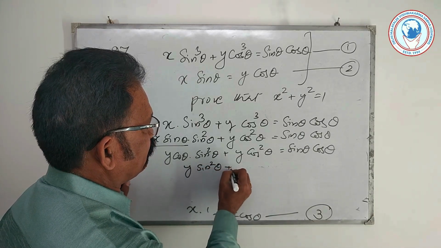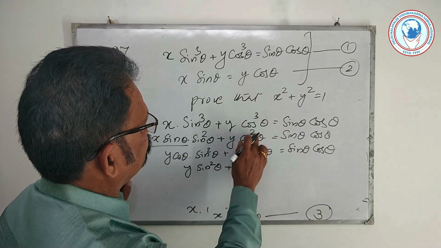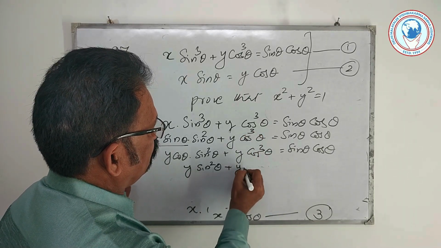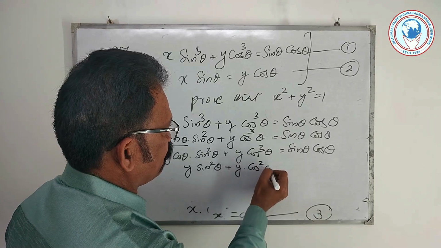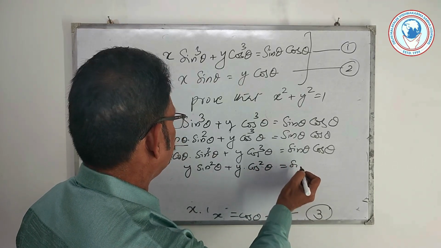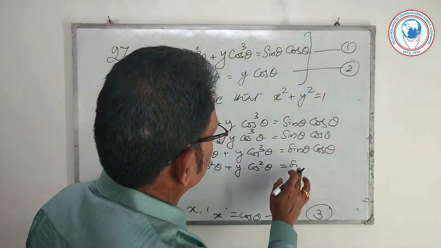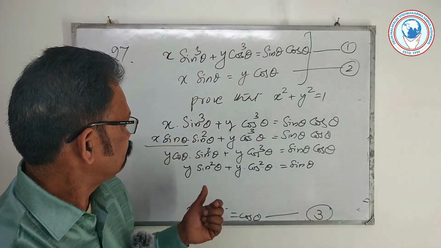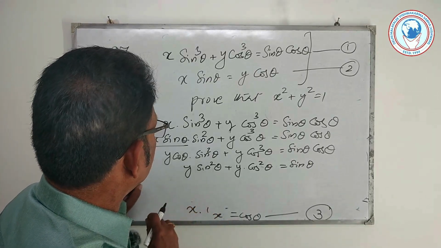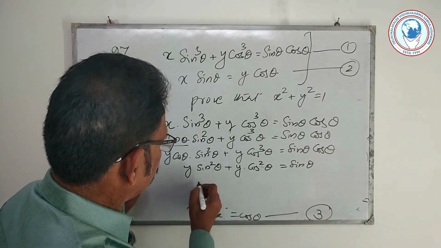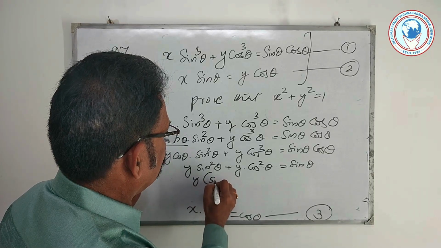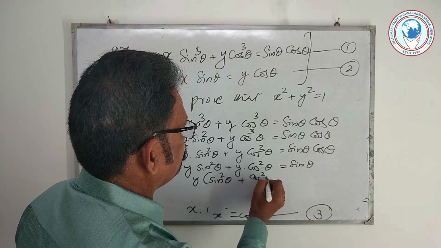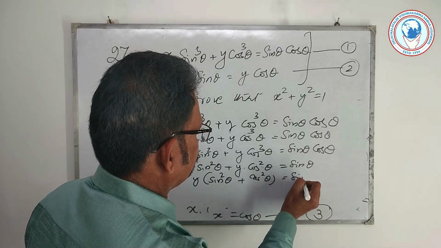y sin square theta plus y cos square theta equal to sin theta, or y into sin square theta plus cos square theta equal to sin theta.